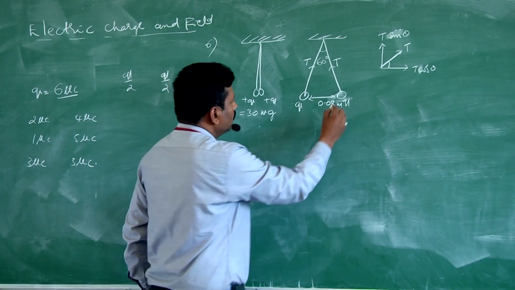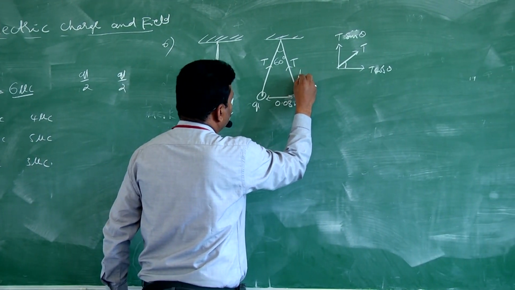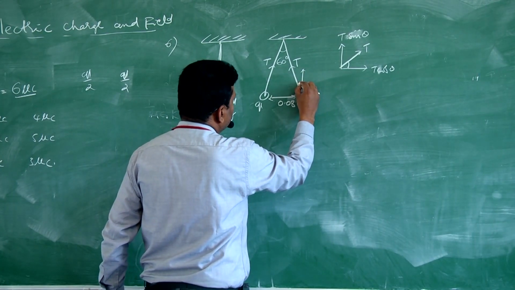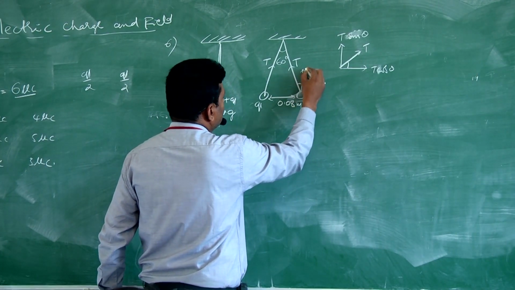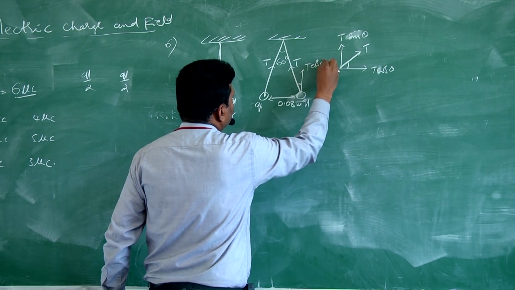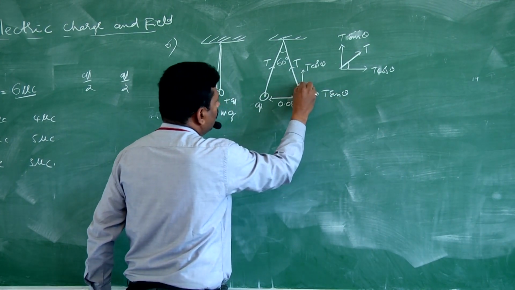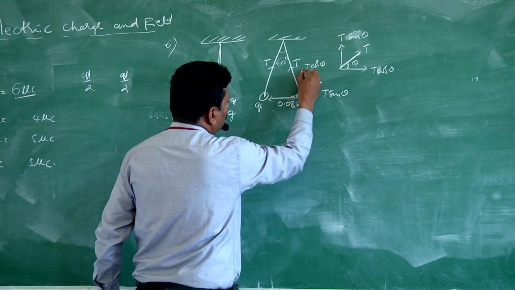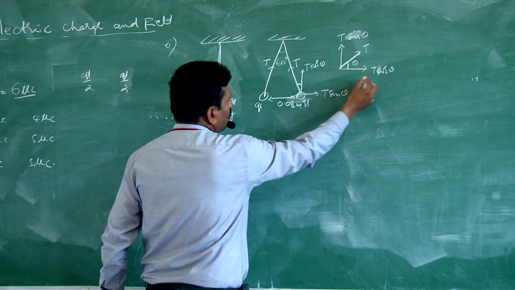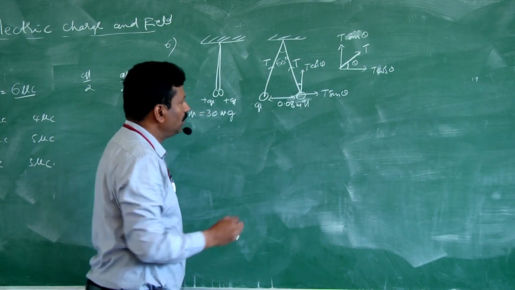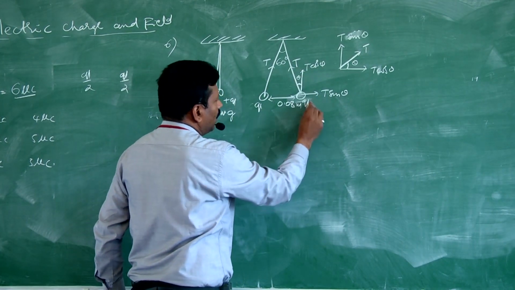But here T is in this direction. Now this is theta, so this becomes T cos theta and this becomes T sin theta. Understood? Since theta is here, its adjacent side becomes T cos theta. So this will be T cos theta, this will be theta, and this will be T sin theta.